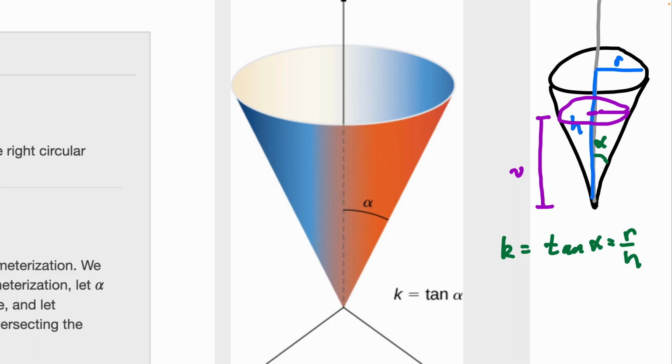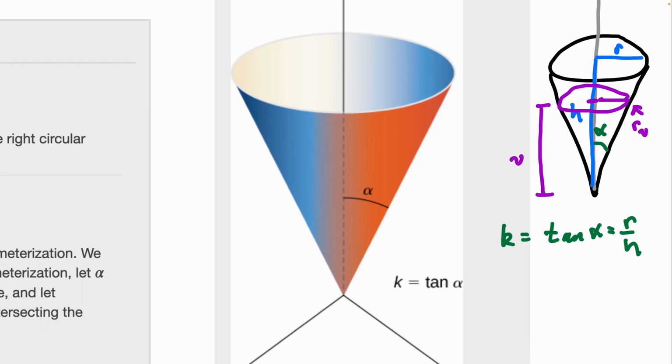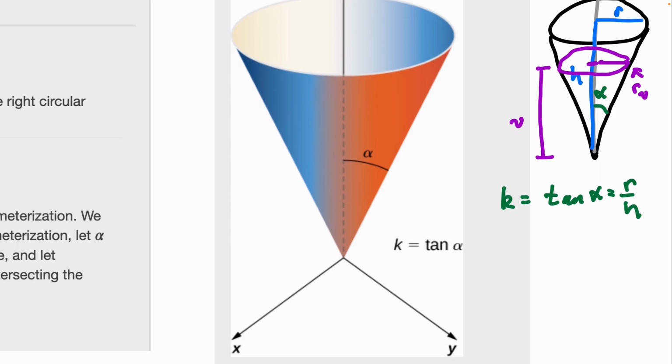Then what we do not know is the radius of that circle. Let's call that R, the radius corresponding with height V, R sub V. It's not a partial, it's just a notation.